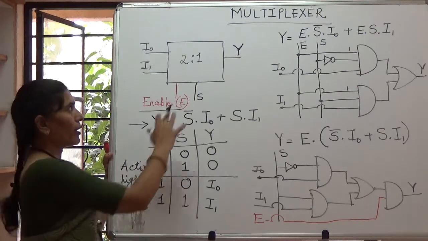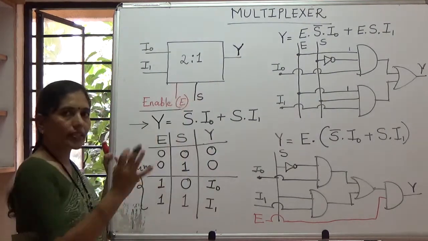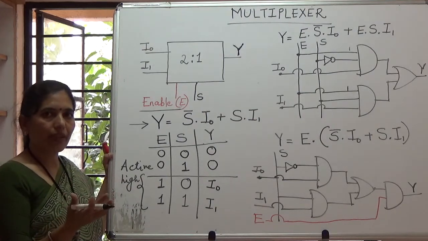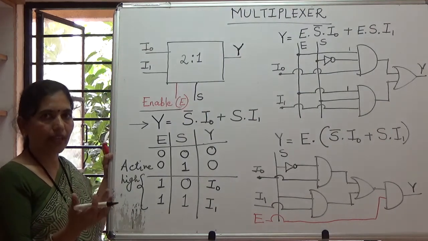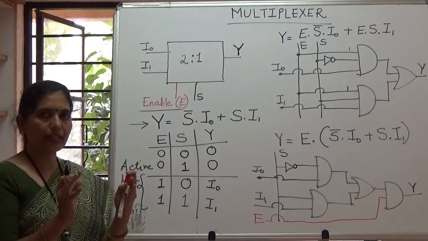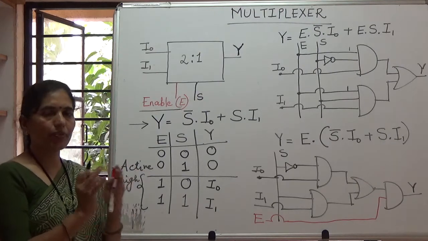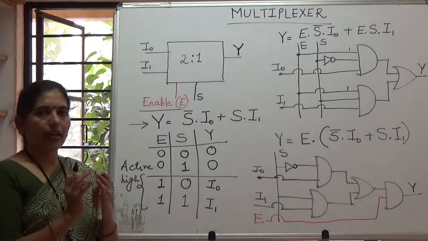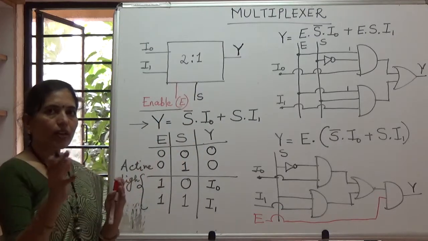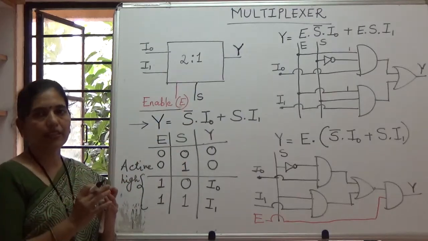That means you can make a function active when E is low. That type of line will be called an active low line. So these two states of enable lines, active high enable and active low enable, mean that the function will be active whenever the corresponding state is achieved by the line.